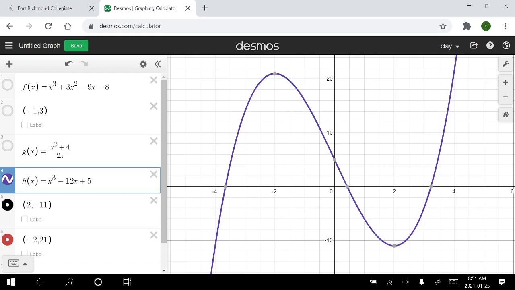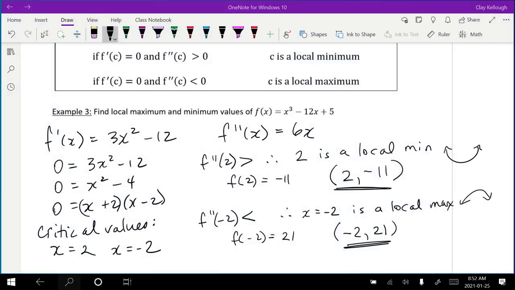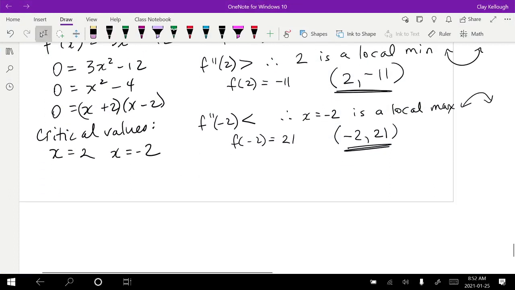So what's the inflection point test again? It's where the second derivative is 0, right? So let's go back and do that. Maybe I should have done that before we went to this diagram, sorry. So let's see. f double prime of x is 6x. Set that to 0, and you get 6x is 0, so x equals 0.